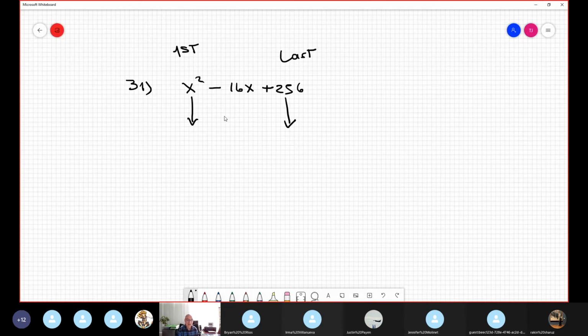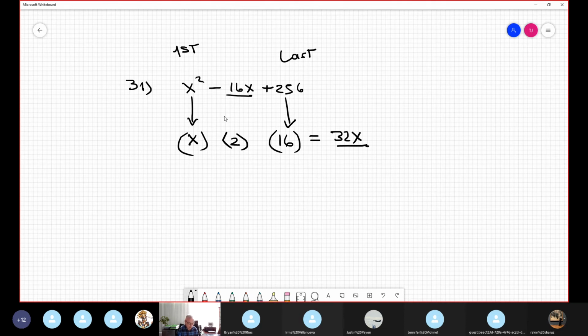The square root of this guy is x. The square root of this guy, I put in my calculator, is 16. And when you multiply 16 times 2 times x, it is 32x, which is not exactly the same as this. Therefore, the answer is no, it is not a perfect square trinomial.